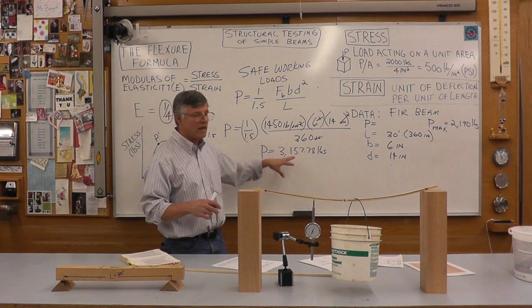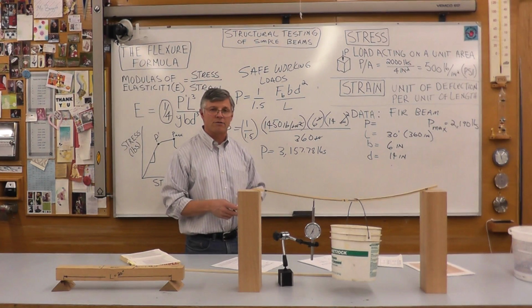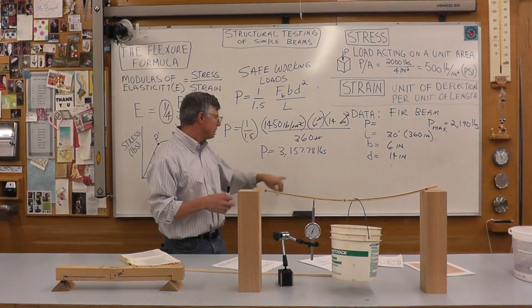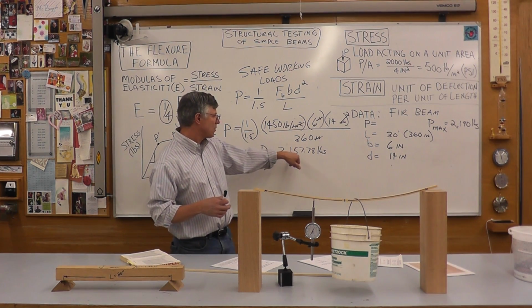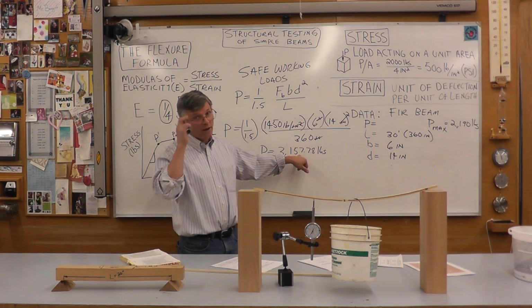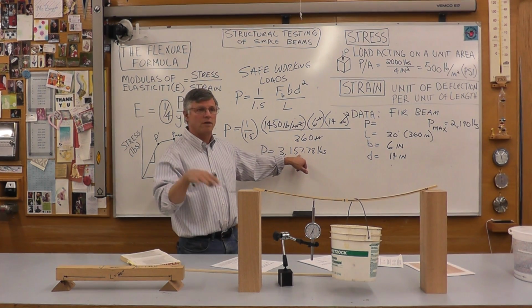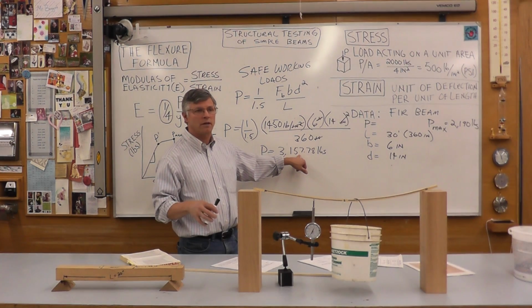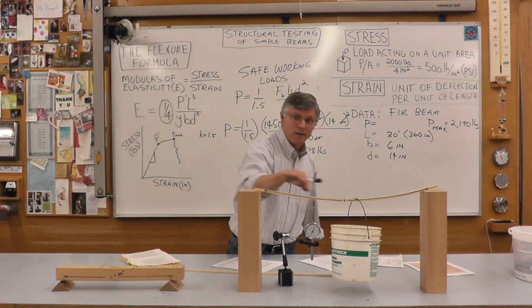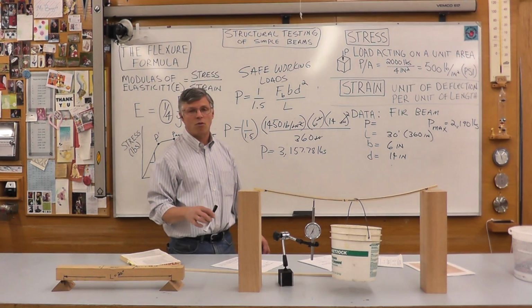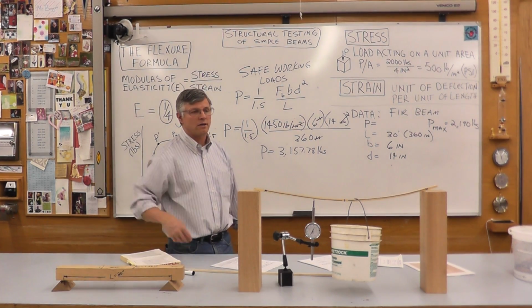Now this is a safe working load. It's not going to fail at 3,157 pounds, but if you go past that load, you're going to be getting dangerously close to the proportional limit, and you get a permanent set in the beam, which you don't want. So it's a pretty interesting calculation to be able to do.